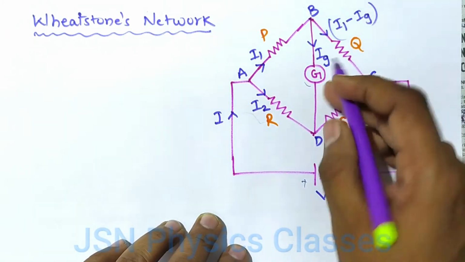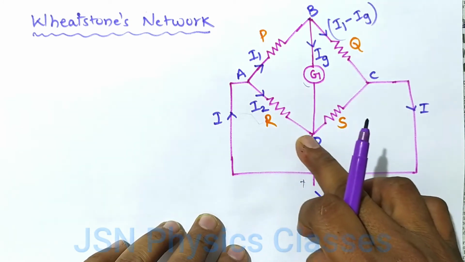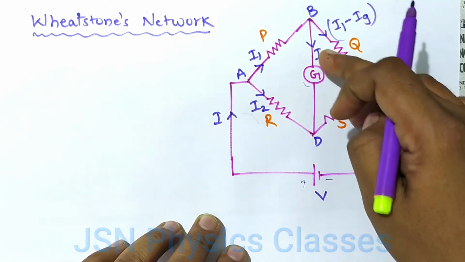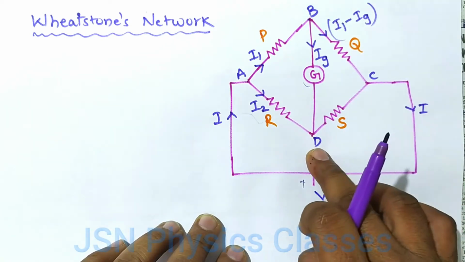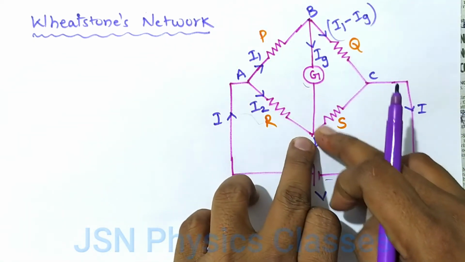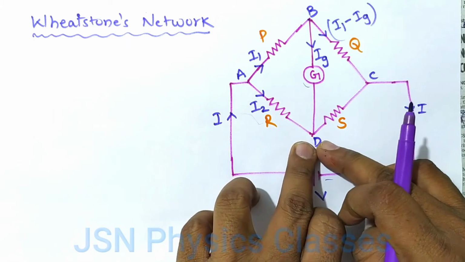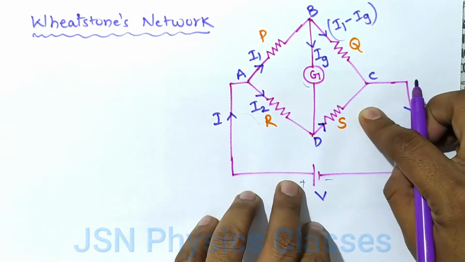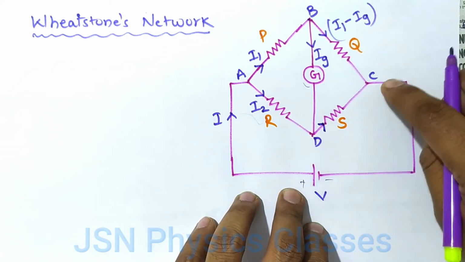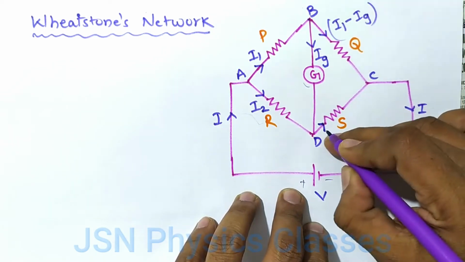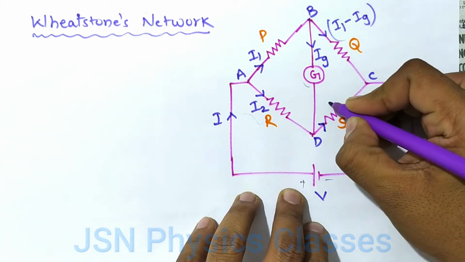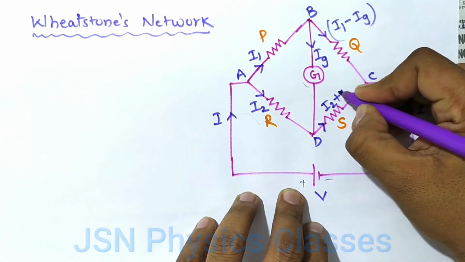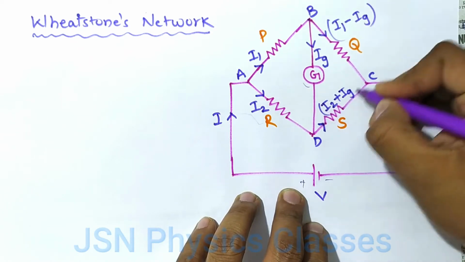Again the I2 current is moving towards junction D. Again here Ig current is also moving towards junction D. So these two currents meet at junction D and move towards C, from D to C. So that means the current passing through this resistor is I2 plus Ig.